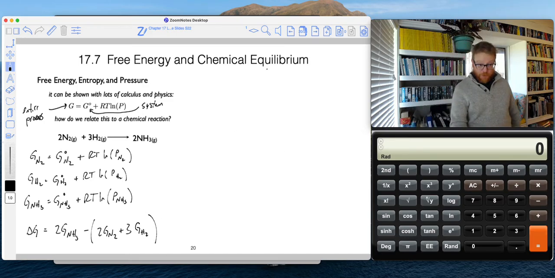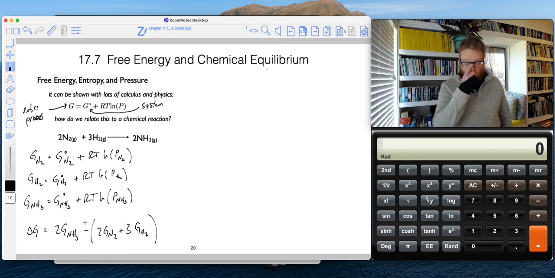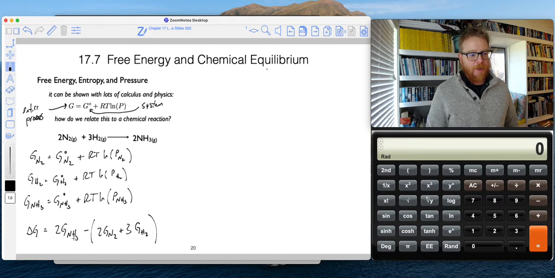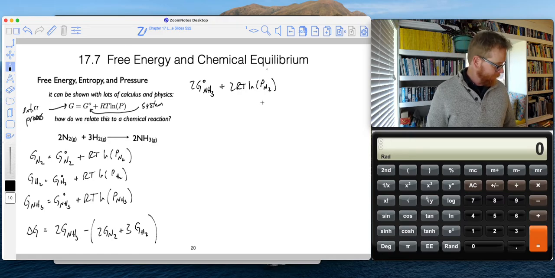And so now I'm going to plug all of this stuff into this equation, and we're going to see something magic happen, okay? So I've got 2 times G of NH3, so let's write that whole thing out. I'm going to have 2 times standard G of NH3 plus, and I'm just going to distribute that 2 all the way through, plus 2 times RT natural log of the partial pressure of nitrogen. Okay, good.